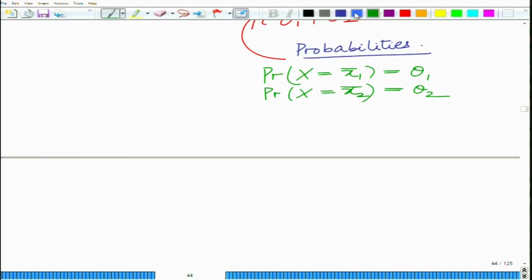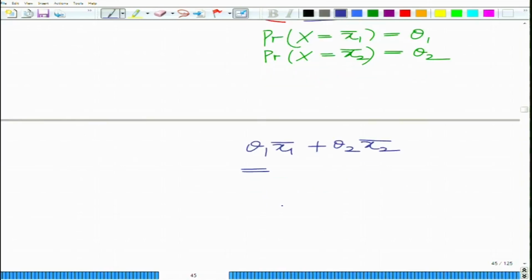And now, it is interesting, if you look at this quantity theta 1 times x1 bar plus theta 2 times x2 bar, what is this equal to?